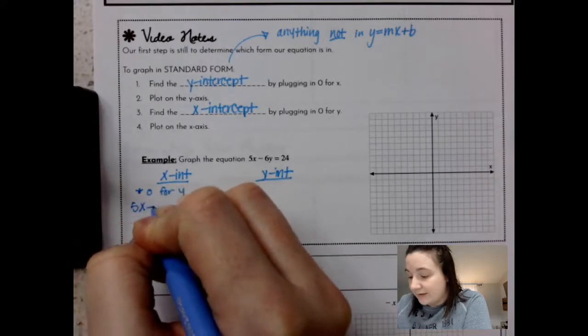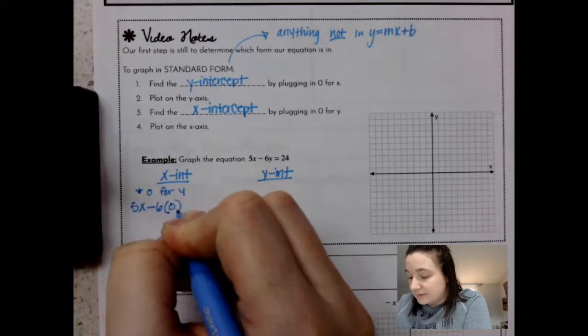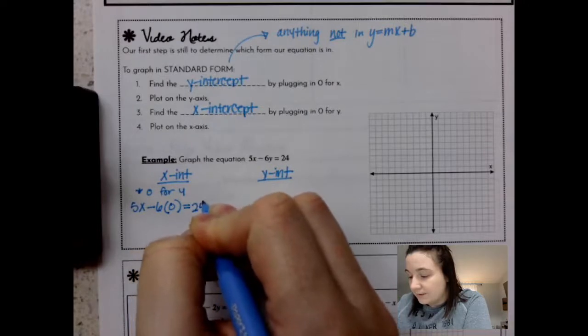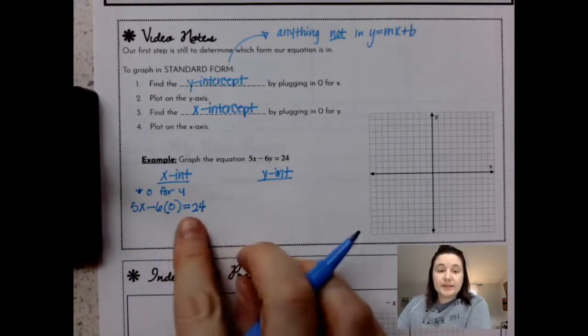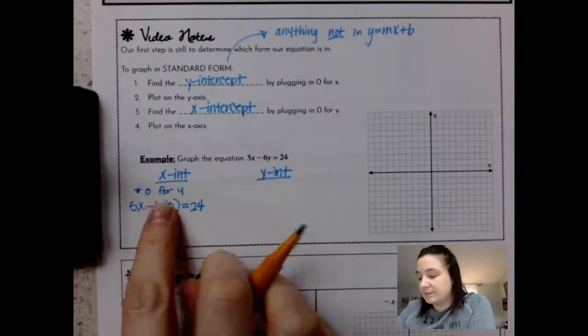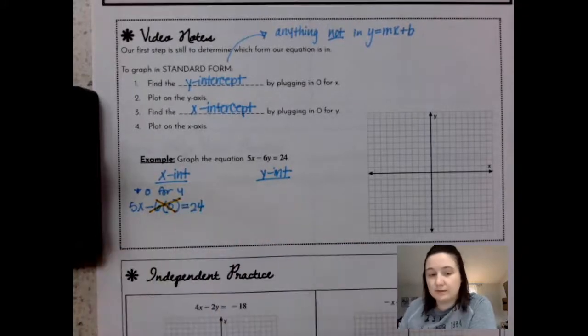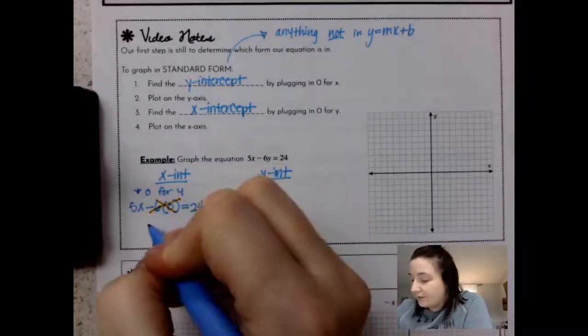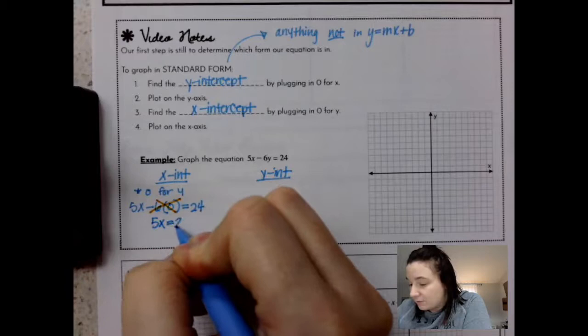So 5x minus 6 times 0 equals 24. Now the nice thing is we're plugging in 0 every time. And so 0 times anything just goes away. So it's like this piece is just going to go away. And we're left with 5x equals 24.